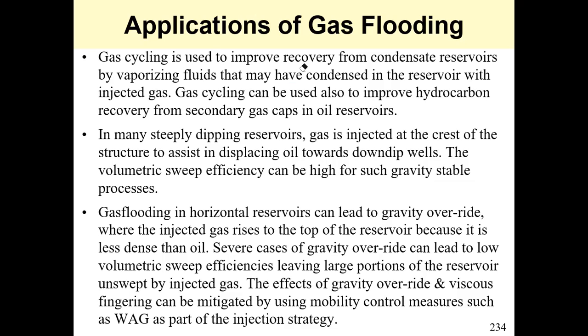Severe cases of gas gravity override can lead to low volumetric sweep efficiencies, leaving large portions of the reservoir unswept. And we've talked about the use of water alternating gas as a strategy to stem this, to improve your volumetric sweep.